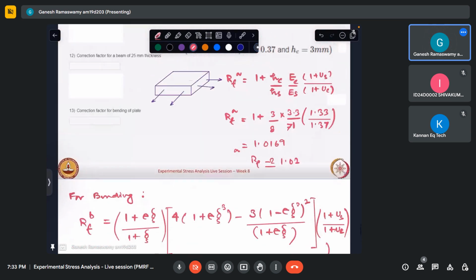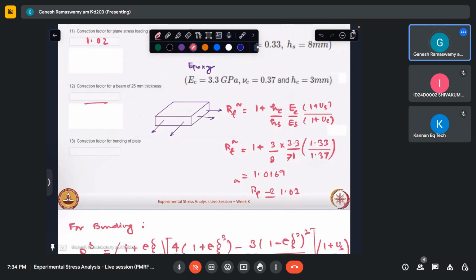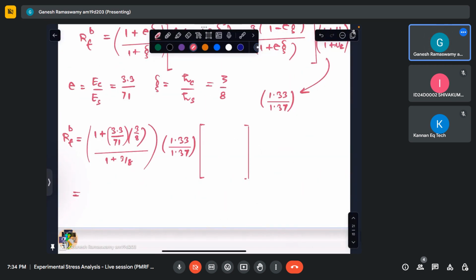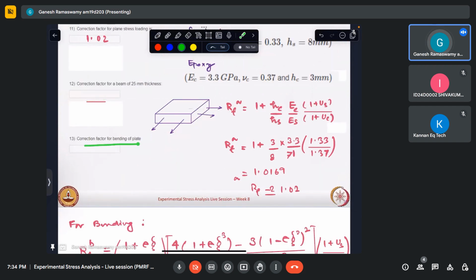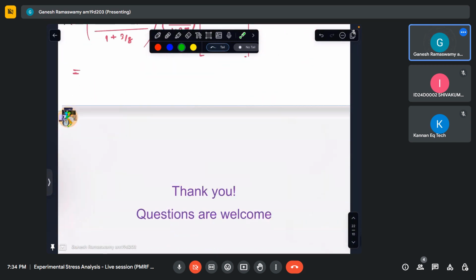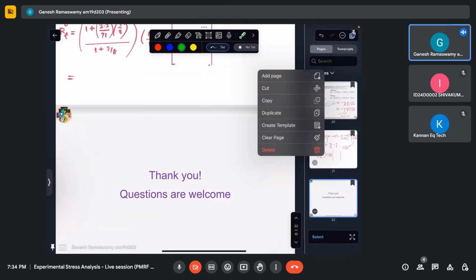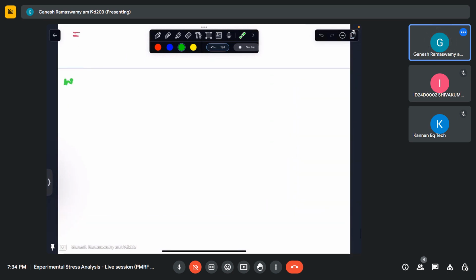Essentially, when we have plates, or are analyzing plates, where the specimen and coating, or rather, I should say, material is different, which is almost always the case, there will be the stiffness factor coming in for the plates as we discussed.